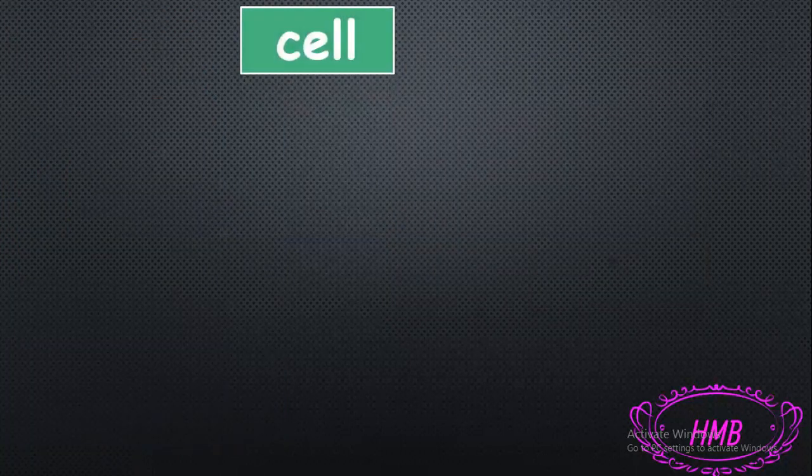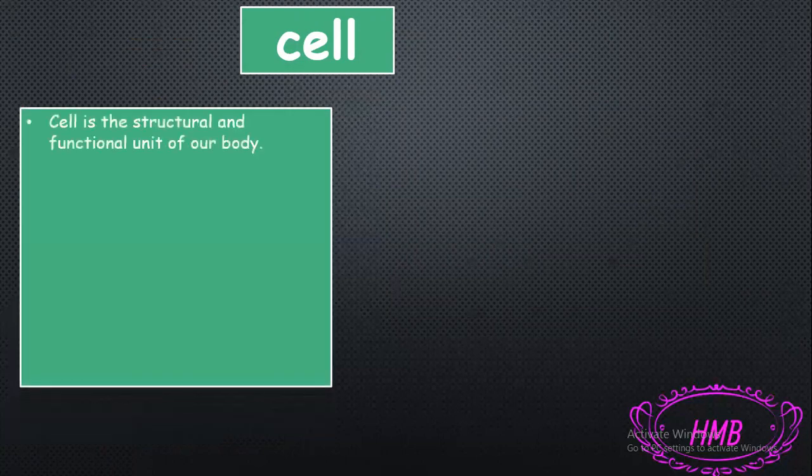Now, let's see what is this cell that builds our body and that makes our body. First, cell is the structural and functional unit of the human body. Structural means that every part in my body is made up of cells. That's why I explain the meaning of cell using the term structural.